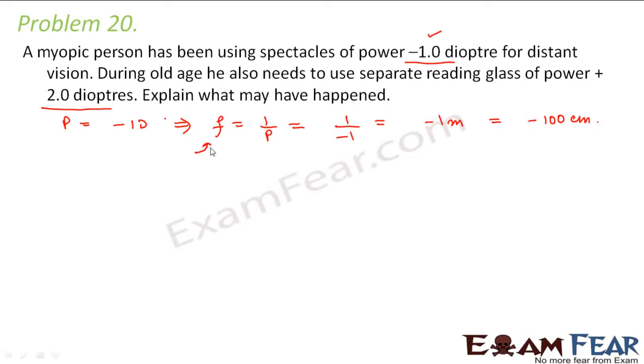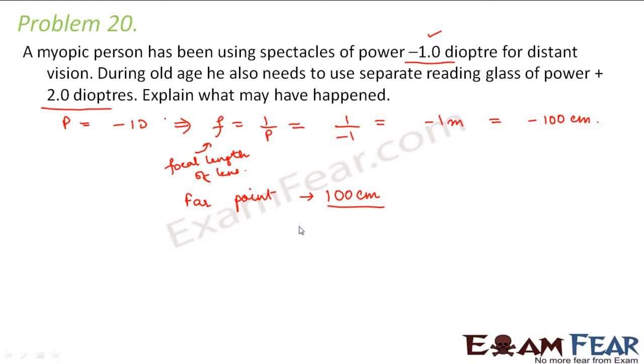So this is the focal length of the specs. This also shows what my far point is. Far point is 100 centimeters because this lens is used when the eye is not able to see distant objects clearly. So for this person, the far point is 100 centimeter.